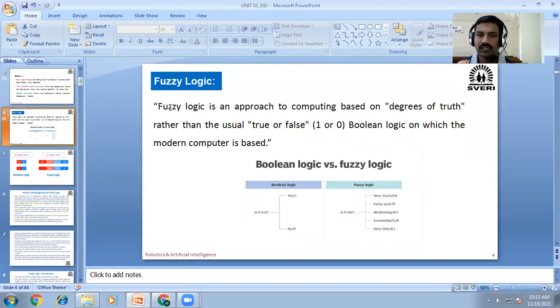That only I have written here. Fuzzy logic is an approach to computing based on degree of truth.